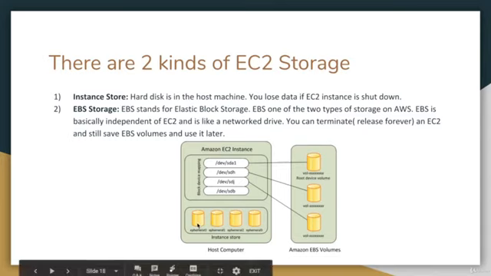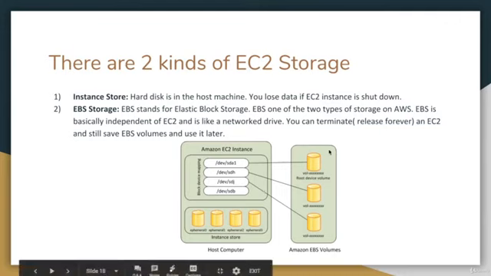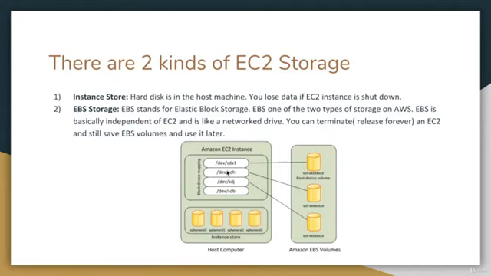So you have limited amount of quantity available, you have limited size available, and these are the older types of volumes. On the other hand, EBS volumes are networked volumes that live away from your physical machine, and you can add multiple EBS volumes to your EC2 instance. So you have 2 options to choose from when it comes to storage.